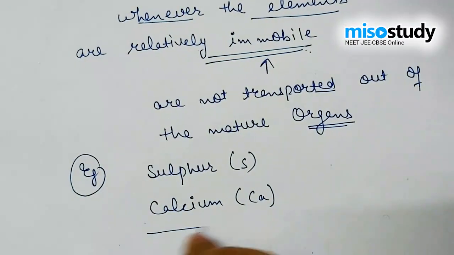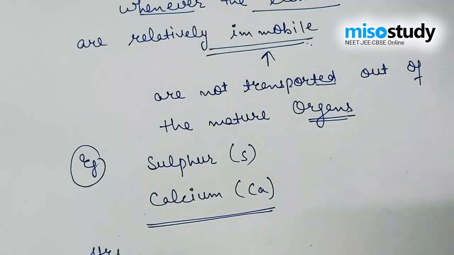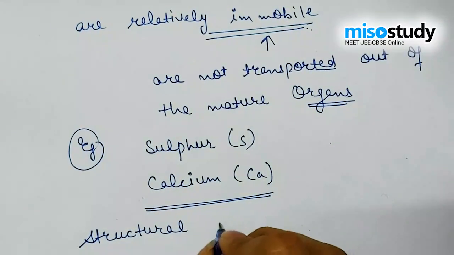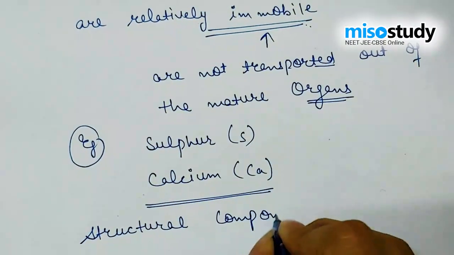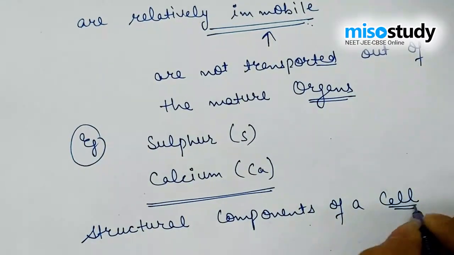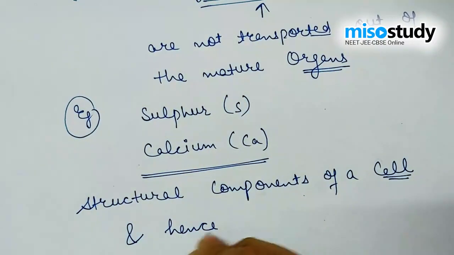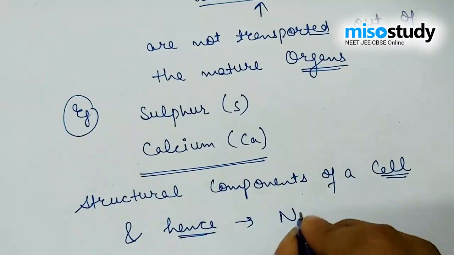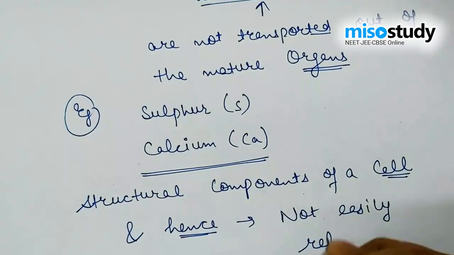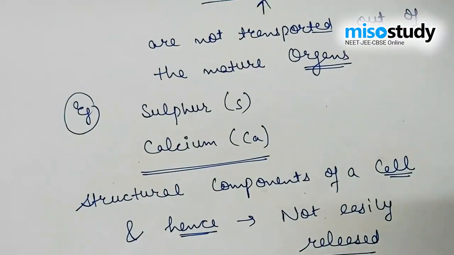These two elements are generally part of the structural components of a cell, and hence they are not easily released from the cell, either from the older tissues or older leaves.